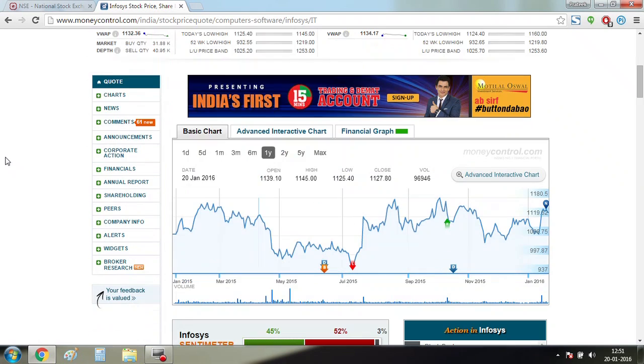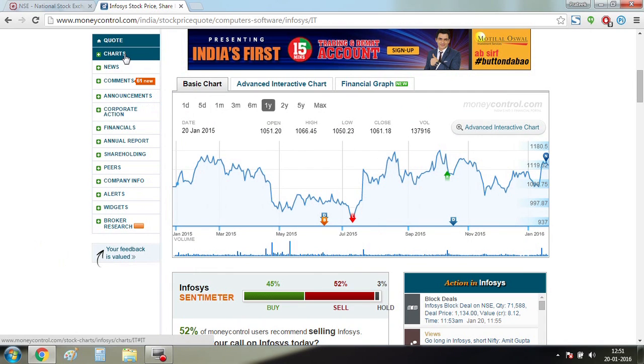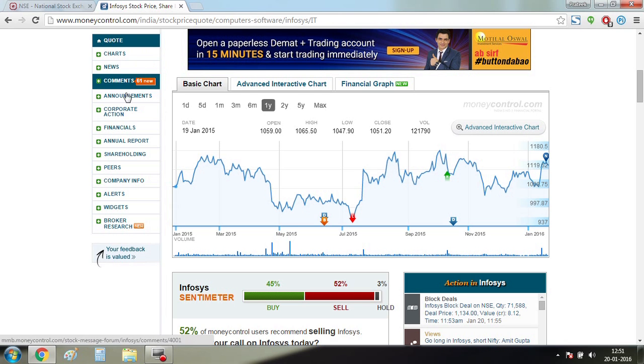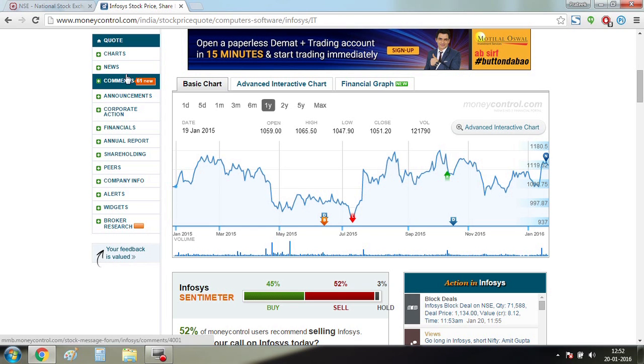Now, if we move down, we have a chart section. Anybody who is interested in technical analysis can look into the moneycontrol.com charts and use the tools for their analysis. Now, here are the different sections which can help you further your study on Infosys. The news section, if you click on this, you will get the news which are relevant to this particular company.